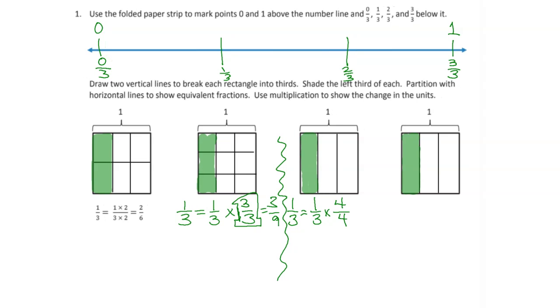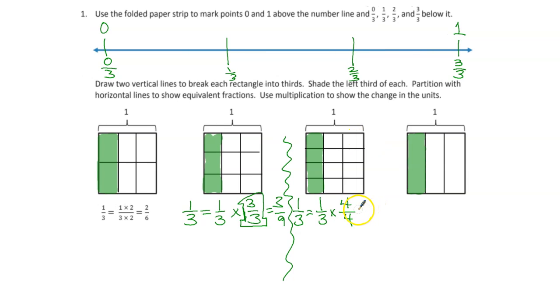So let's make our 3 horizontal partitions. 1 in the middle, and then 1 in the middle of the top half, and 1 in the middle of the bottom half. Now you can see my 1, 2, 3, 4/4. And when we multiply 1/3 times 4/4, 1 times 4 is 4, and 3 times 4 is 12.